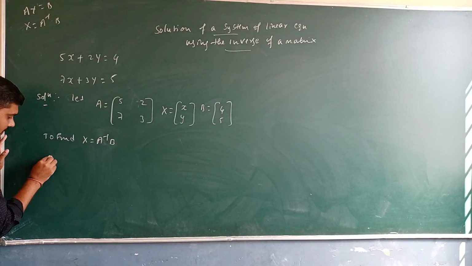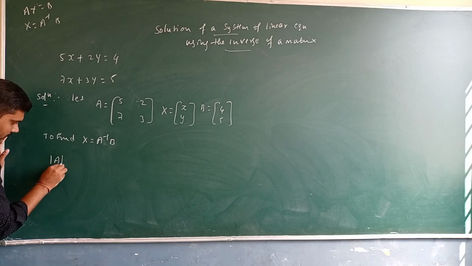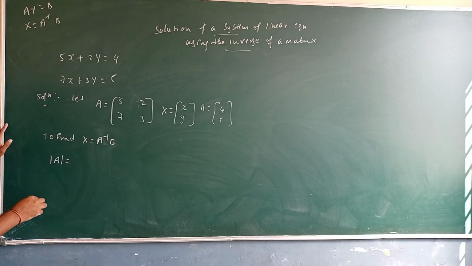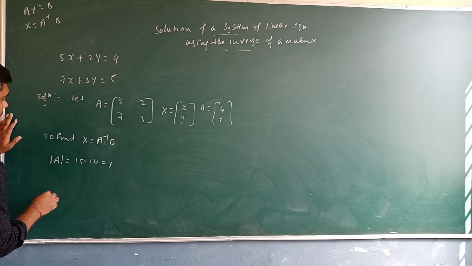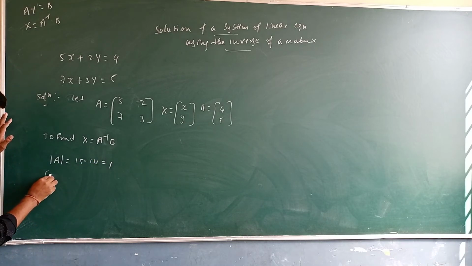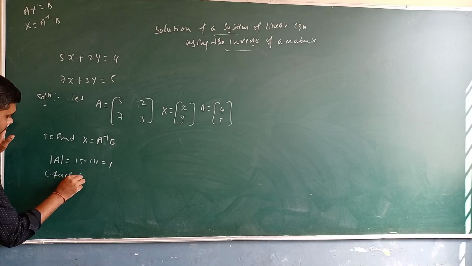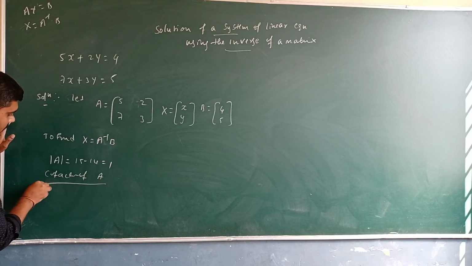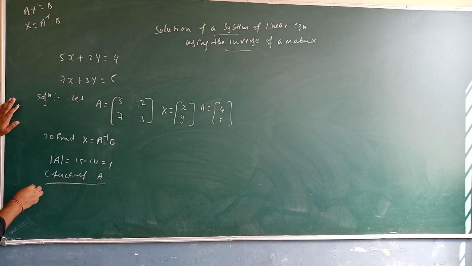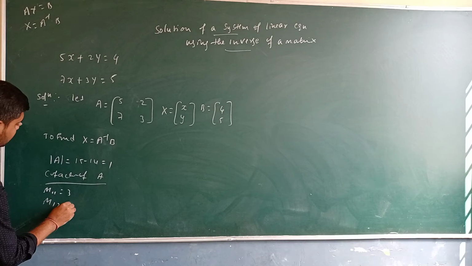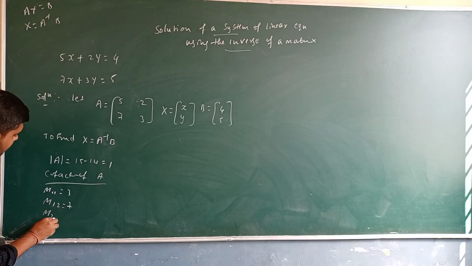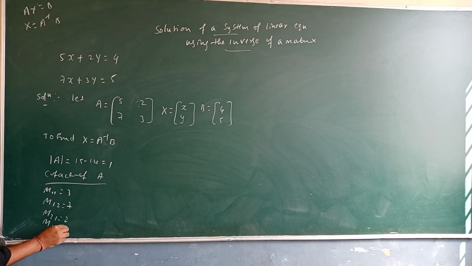So to find a inverse, we need the determinant of a. Determinant of a is equal to 15 minus 14, so that's going to be 1. Then the corresponding cofactors of a: minors m11 is equal to 3, m12 is equal to 7, m21 is equal to 2, m22 is equal to 5.